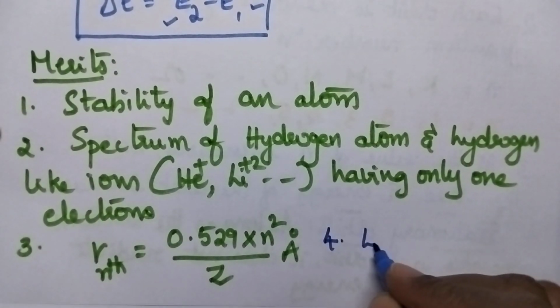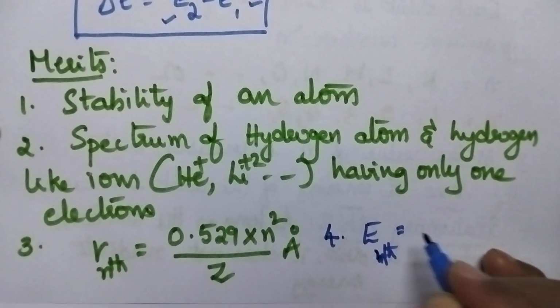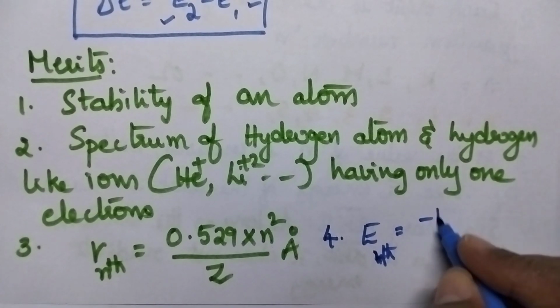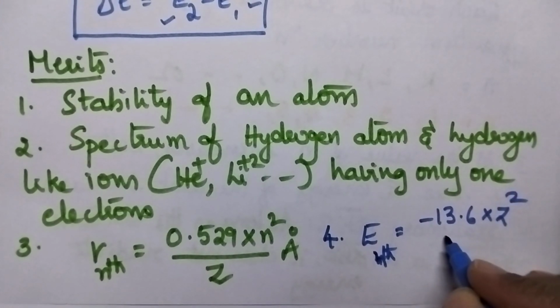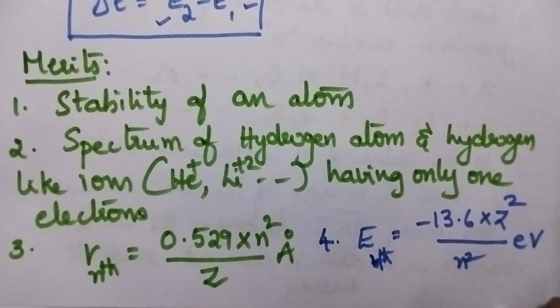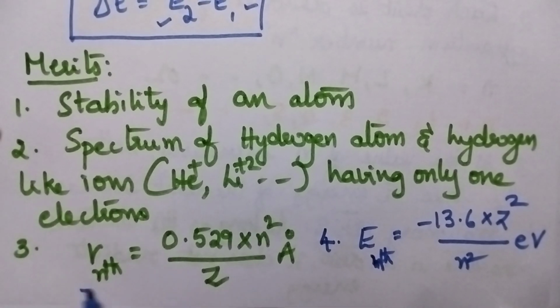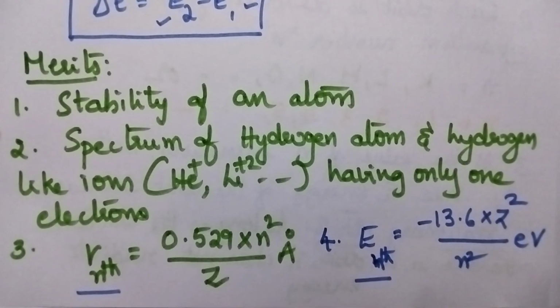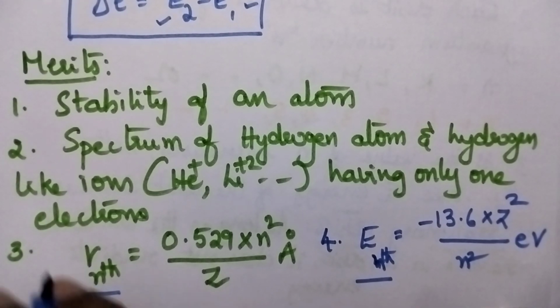At the same time, it is possible to calculate the energy of the nth orbit by using the formula minus 13.6 into Z square by n square electron volts. So, in that way, it is possible to calculate both radius and energy of the hydrogen atom and hydrogen-like ions containing only one electron.